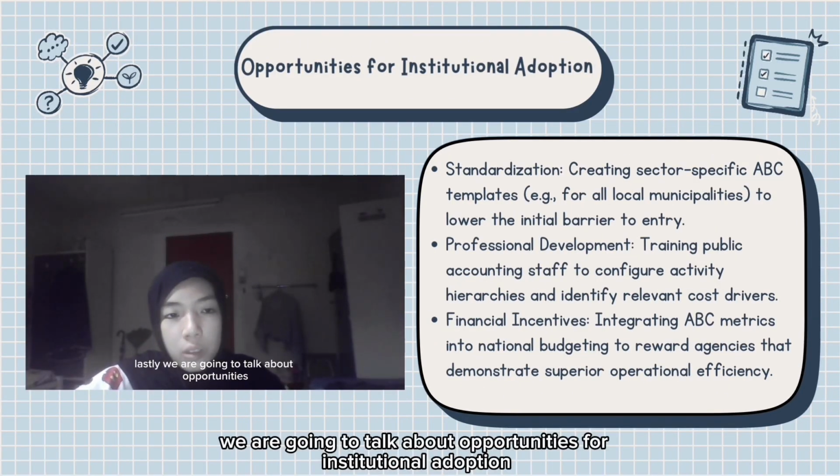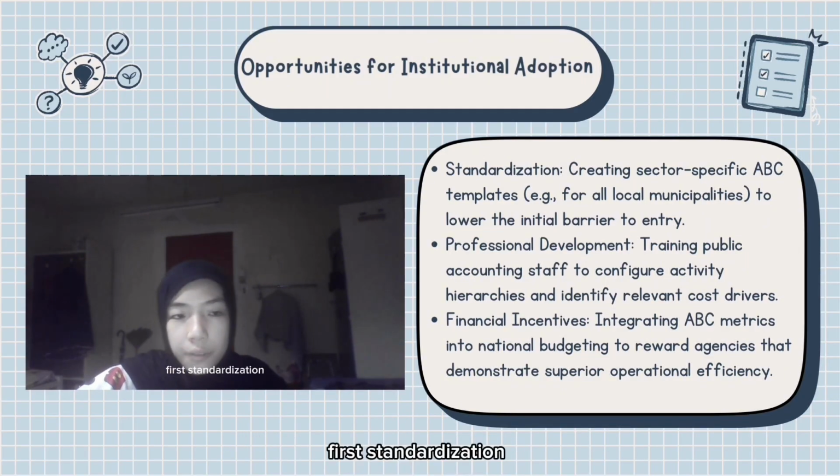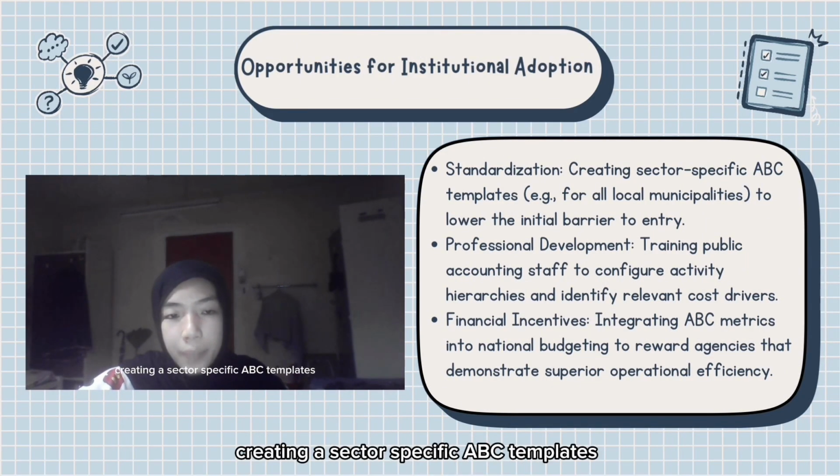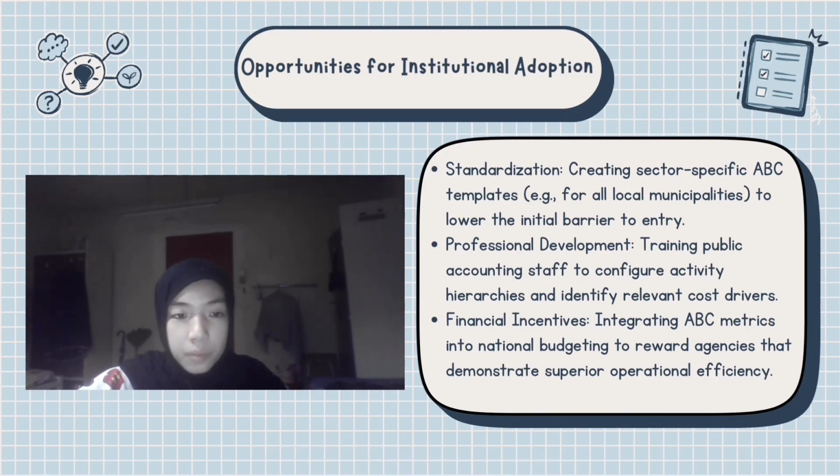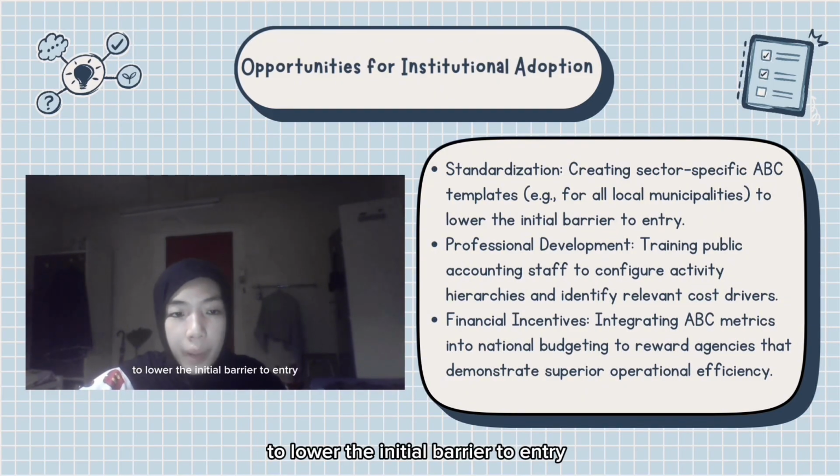Lastly, we are going to talk about opportunities for institutional adoption. First, standardization, creating sector-specific ABC templates, such as for all local municipalities, to lower the initial barrier to entry.